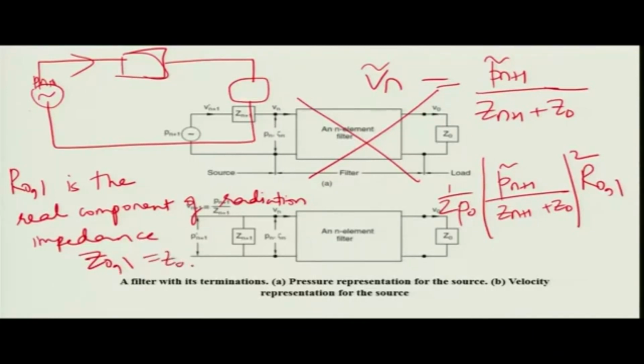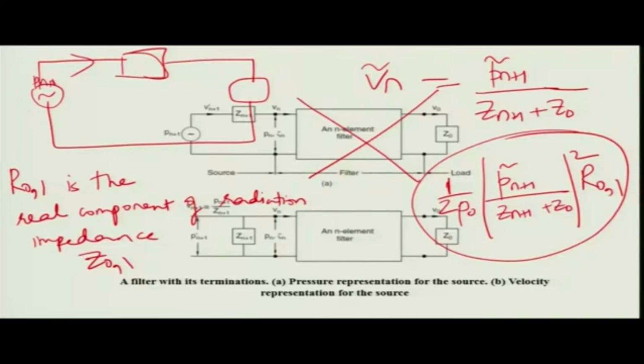Well, we are just introducing terminologies like comma 1 basically to talk about the fact that the muffler is not there, and with 2 when the muffler is there, like I have been emphasizing. So, this is the acoustic power that is radiated when the muffler is not there, just radiated to the atmosphere, and it is a pretty simple thing then to appreciate that when the muffler is there, we need to figure out the velocity.